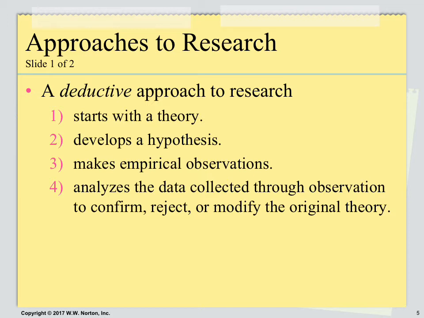So you've probably heard of the term deductive before, or deducing. So the deductive approach begins with a theory. Okay, and again, if you remember from last time, a theory is very different than a hypothesis. A theory is an overall theoretical framework that allows us to really know how to go about the research process.